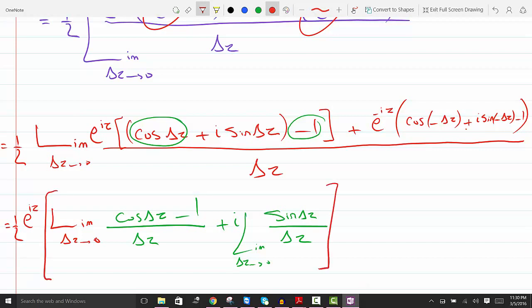Okay, and we will do the same exact thing on the second term. Let's use this color for that. So plus e to the minus iz, and cosine minus delta z will just be cosine delta z, even function, minus 1 over delta z, and we will take the limit of this one as delta z goes to 0.